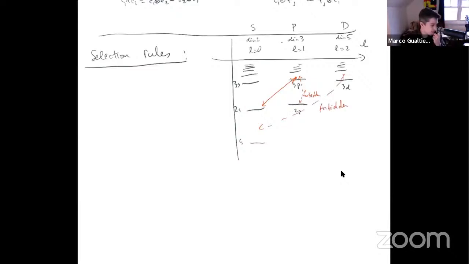The only thing that is possible is going from one column to an adjacent column. That's all. Only adjacent decay or absorption or emission.